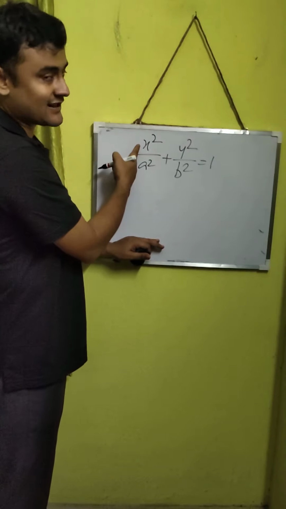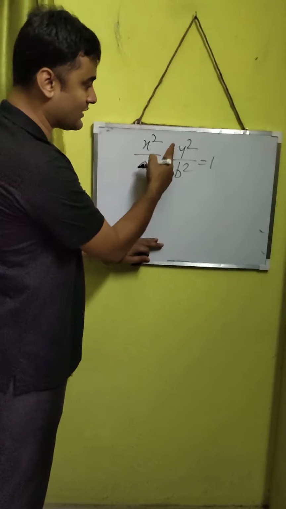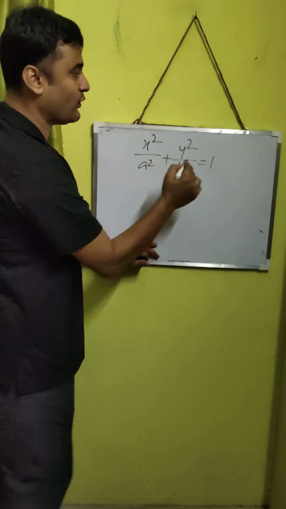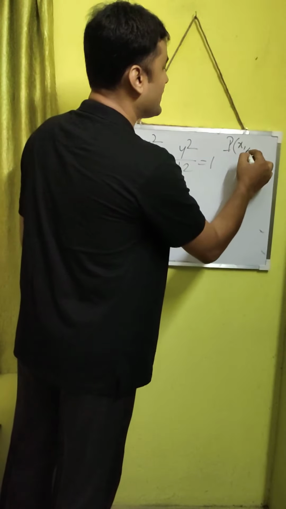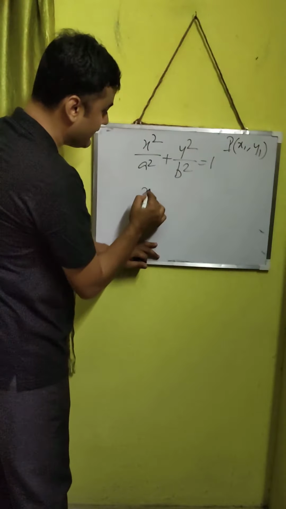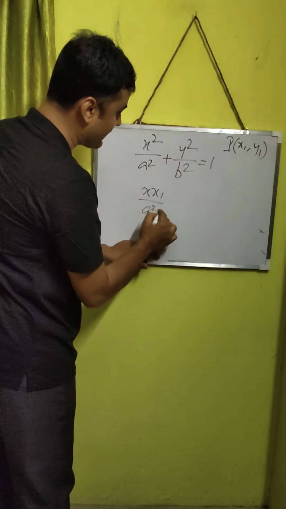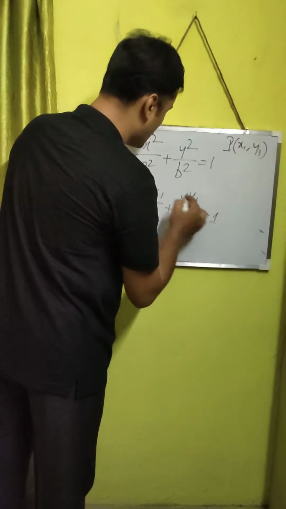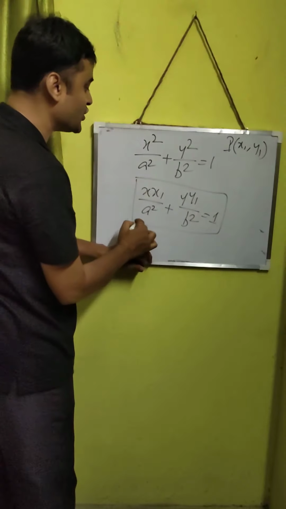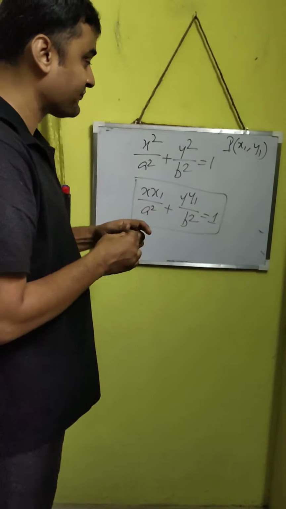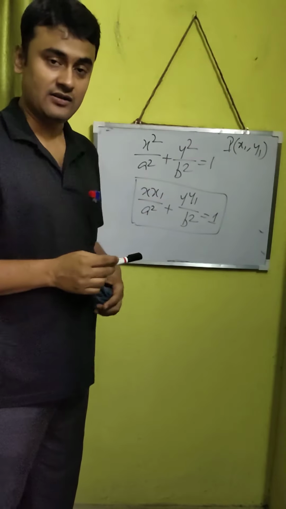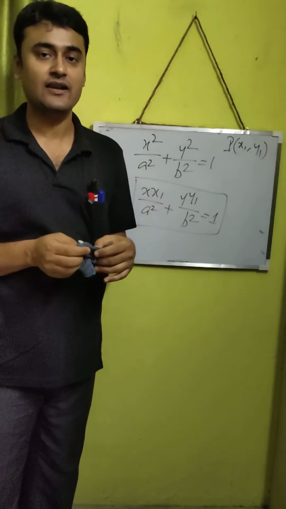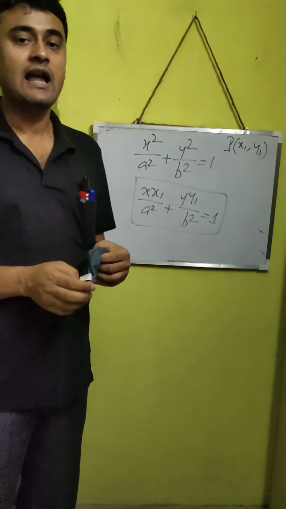Replace x square by x1 and y square by y1. So the equation of a tangent to this standard ellipse at the particular point P, say x1 y1, is given by x1 by a square plus y1 by b square equal to 1. So this is how you find out the equation of a tangent to a particular given curve.